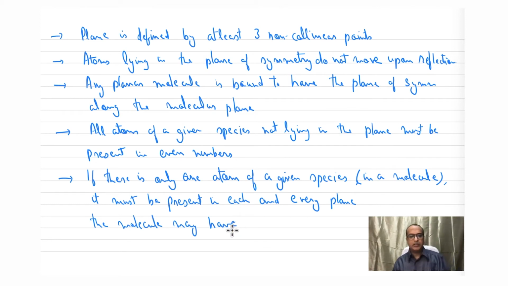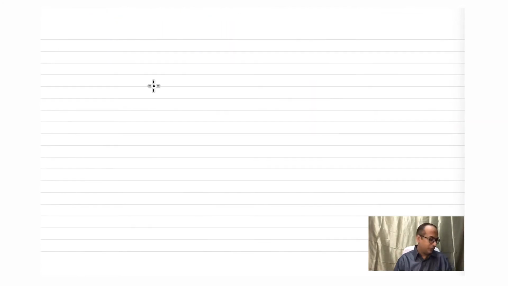So anything which is present as a single number must be present in each and every plane, right? This is again obvious because if it is not present in each and every plane, you cannot find a partner of that upon reflection, and then if you cannot find, there would not be any plane of symmetry present, right? So again, this will be very clear when we look at the examples.